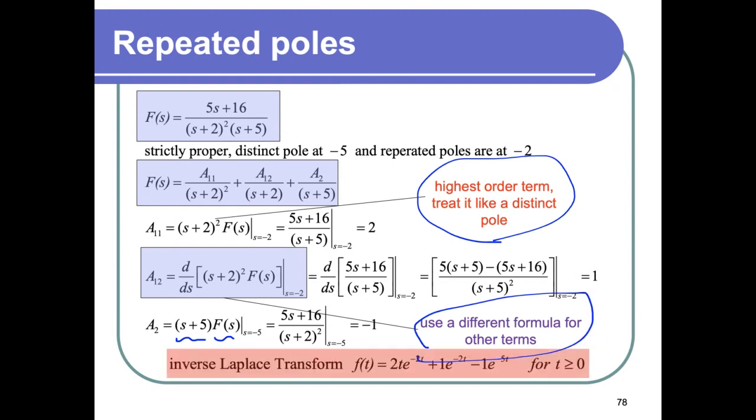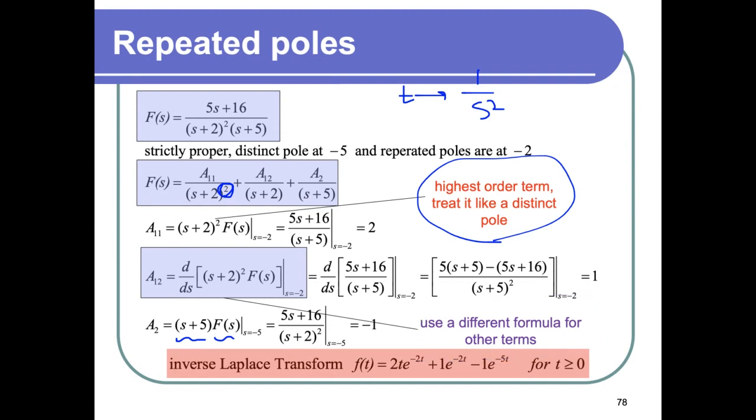So the inverse Laplace transform of this: because I have A11 over s plus 2 squared, we have multiplication by time, right? Because the Laplace transform of t was 1 over s squared. If I go from here to the time domain, notice the following.